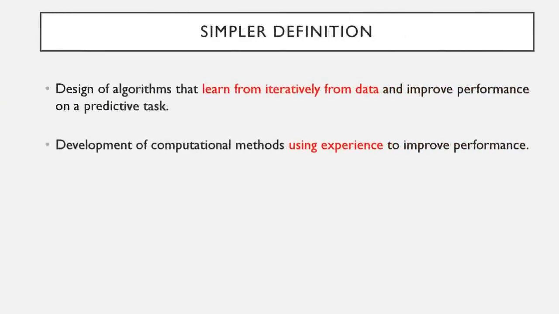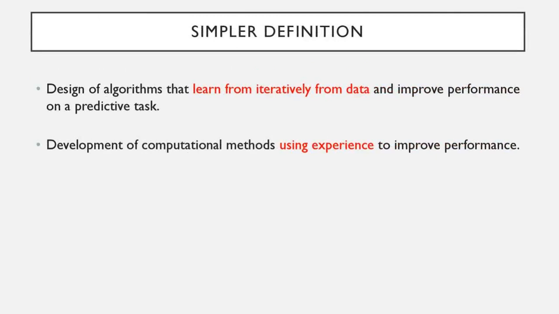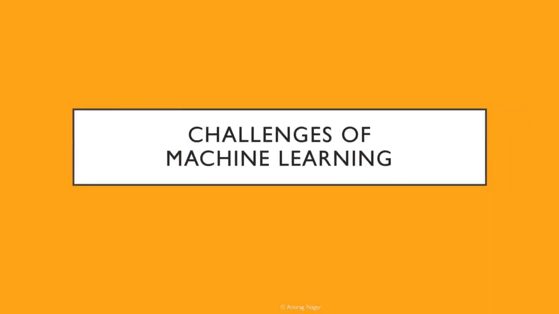So let's move forward. Data modeling, machine learning, is designing algorithms that iteratively learn from data, and designing methods where the machines use experience to perform or improve performance. Now, do you think there are some challenges of machine learning?